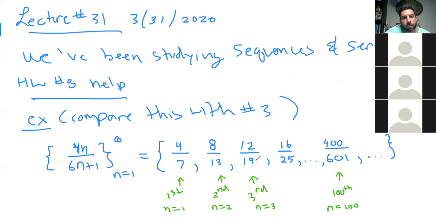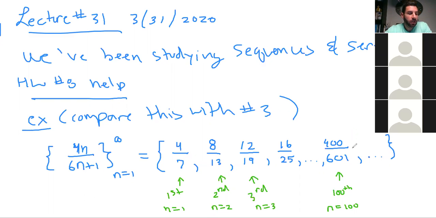It shouldn't take you long to figure out which one's bigger. As you move to the right, the numbers are getting larger. If you don't believe me, you need to convince yourself of that, either algebraically or plugging numbers into a calculator and getting decimals. But for this particular sequence, the values are increasing.